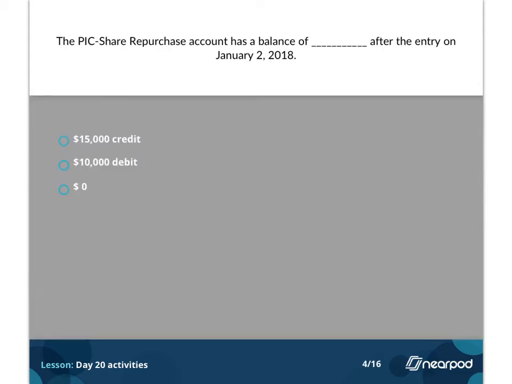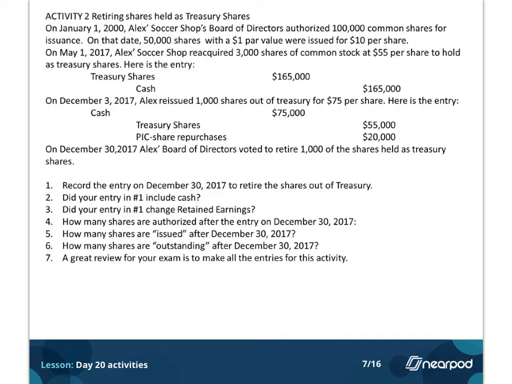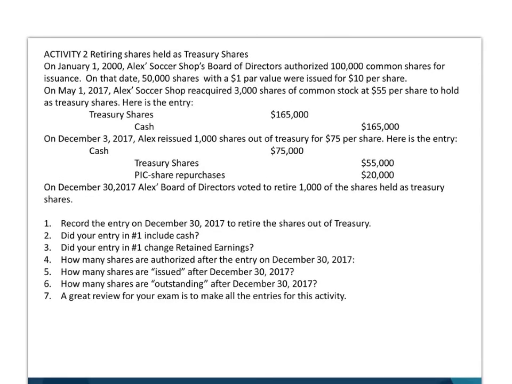All right, so now we have just a little quiz to follow up on. And then we had a little collaborate thing. Okay, so this next activity, the only difference is that rather than using cash, this is an important thing, we're going to take our treasury shares and retire them.